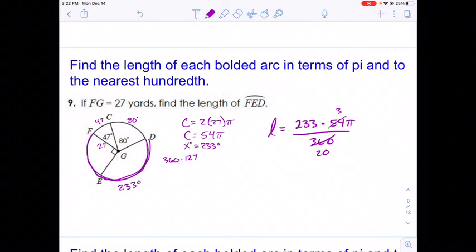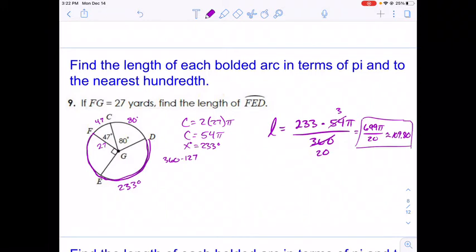And then nothing can go into 233, so we're going to get 699 pi over 20. And the decimal equivalent is going to be 109.80. So there's our 2 answers in terms of pi and as a decimal answer.